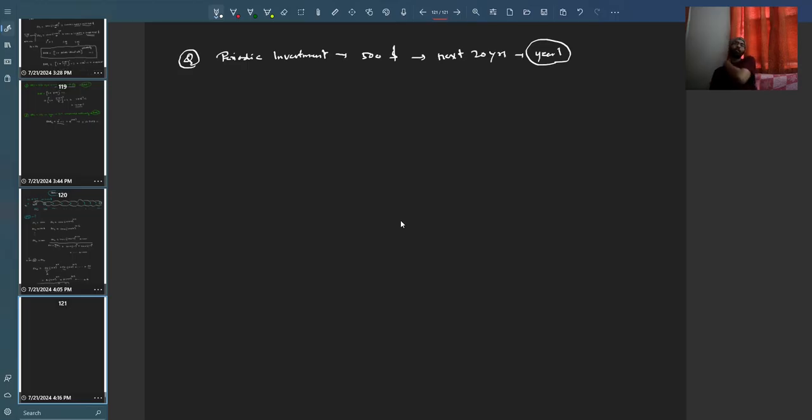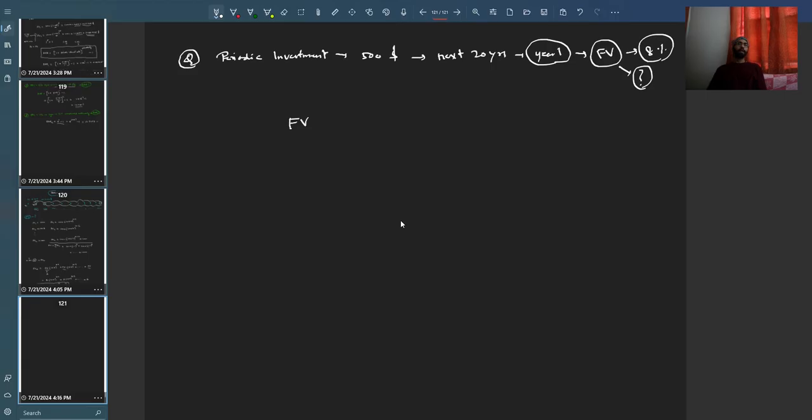Now at the end of 20 years, what is the future value of this investment if your annual rate of return is 8%? How do we calculate it, friends?